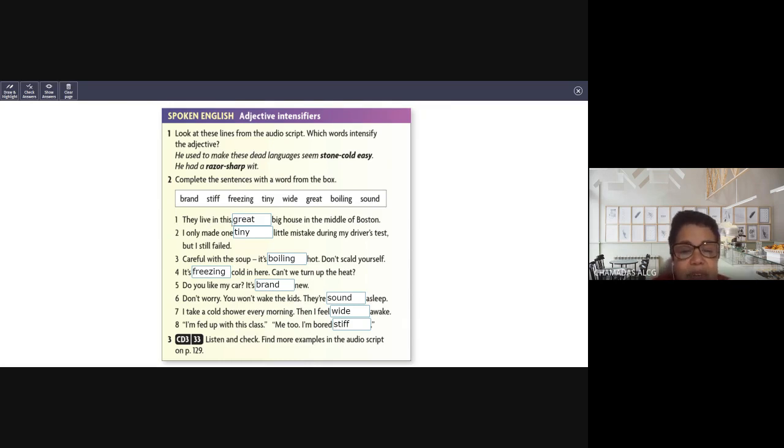They live in this great big house in the middle of Boston. So you see, guys, we have here the word house and we put two adjectives before to intensify. Actually, great is intensifying the adjective big. Great, big. Okay? One adjective intensifying the other.